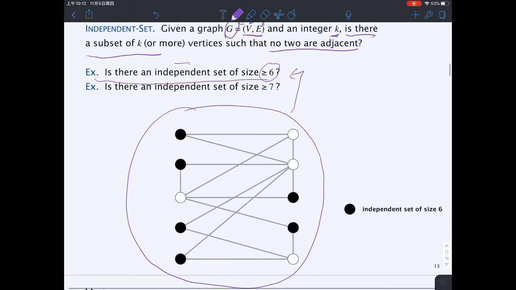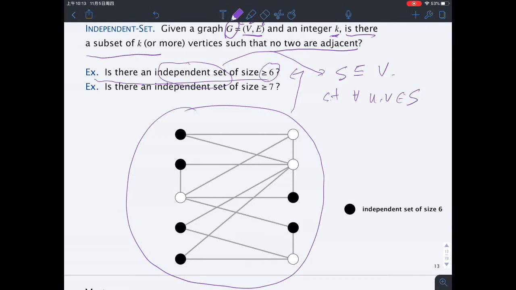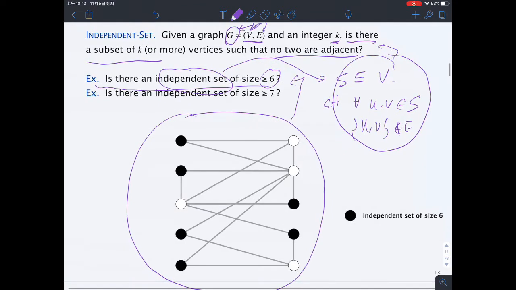An independent set means that I find a subset of vertices such that for any two vertices in the subset, we are not expected to see an edge. This is the definition, and the independent set question is whether we can find a subset of a specific size that is an independent set.